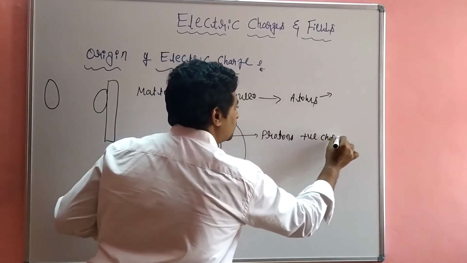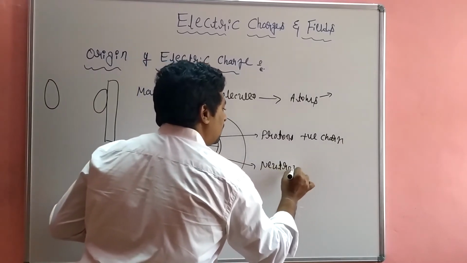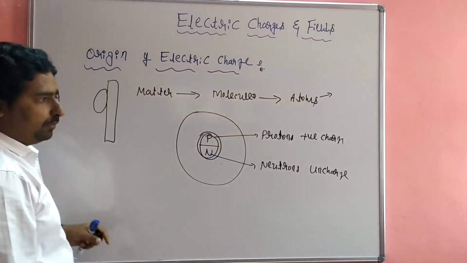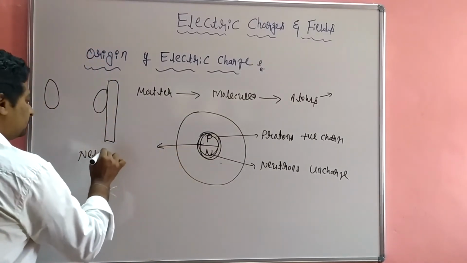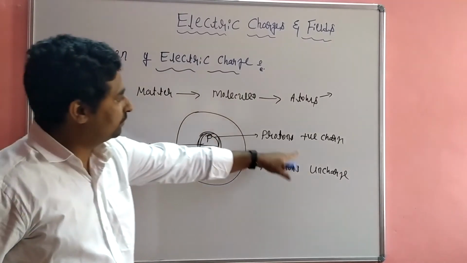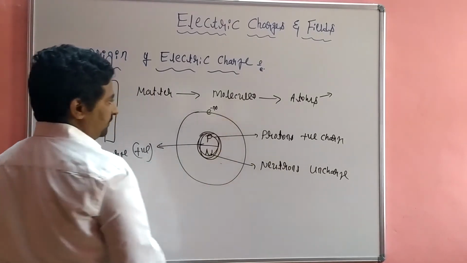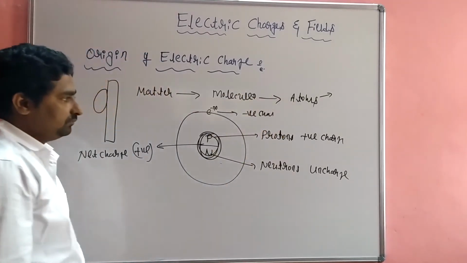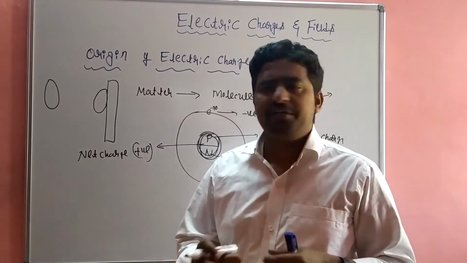Protons are positively charged, neutrons are uncharged. So what is the net charge in the nucleus? The net charge is positive, because neutrons are uncharged. The electrons revolve around the nucleus, and these electrons are negatively charged.